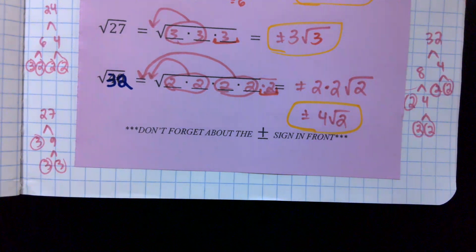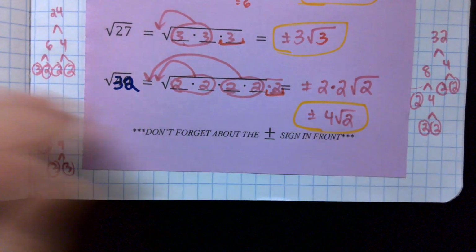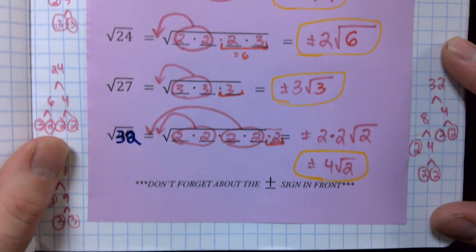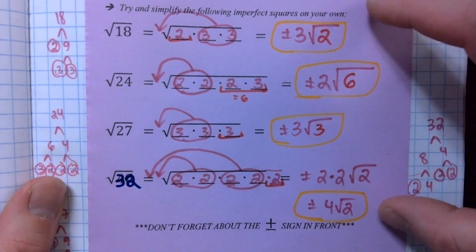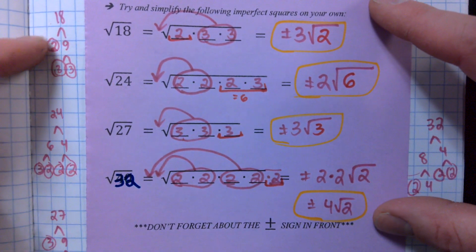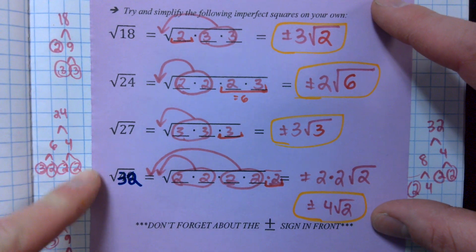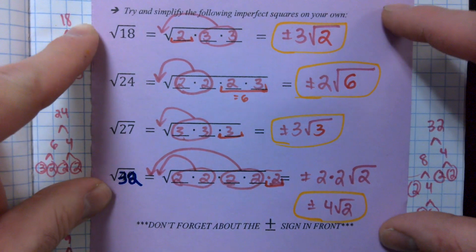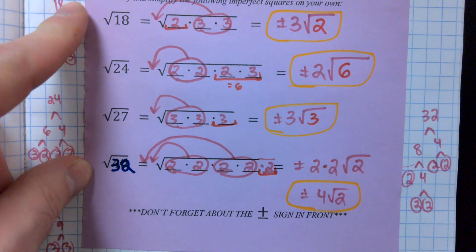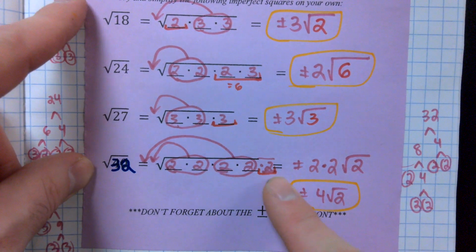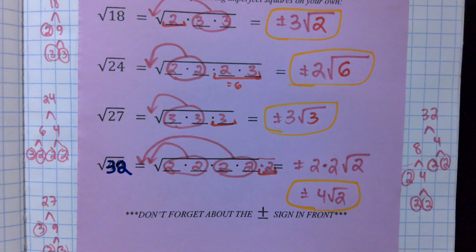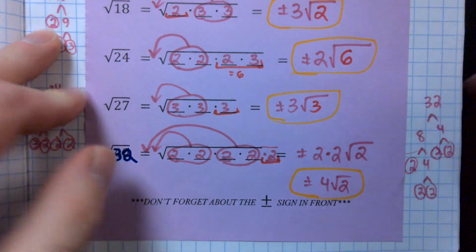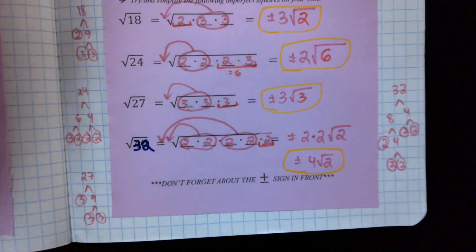We already know that, hopefully, so it's good. Now, look at all these answers. They all look relatively similar. But the questions that I started with were all very different numbers, right? So what we can bring out is important. What gets left behind or multiplied together and left behind is also super important when we're doing this stuff, okay?